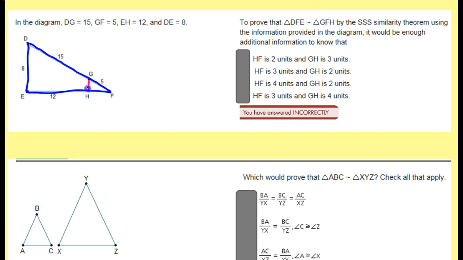So here's triangle GFH. We want to prove that the big blue triangle is similar to the small pink triangle by the side-side-side similarity theorem.